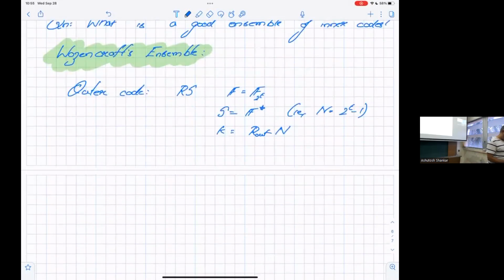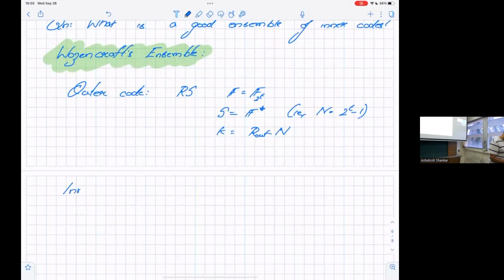What's the inner ensemble? For each alpha in F star, we are going to define a code C alpha. That's going to be the inner code. What is the inner code? The inner code C alpha is going to be a map from {0,1}^t to {0,1}^2t.